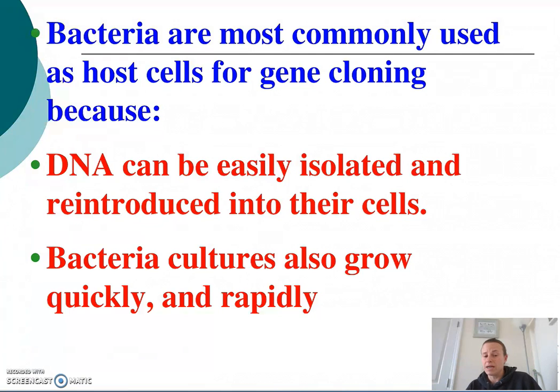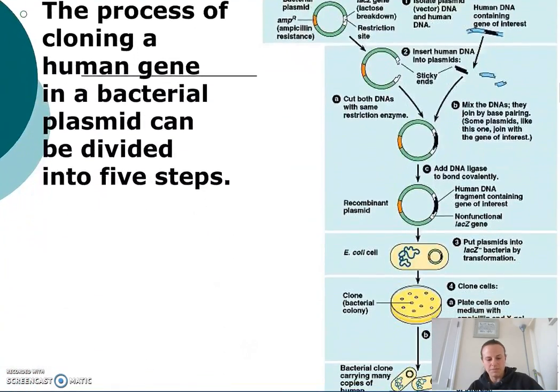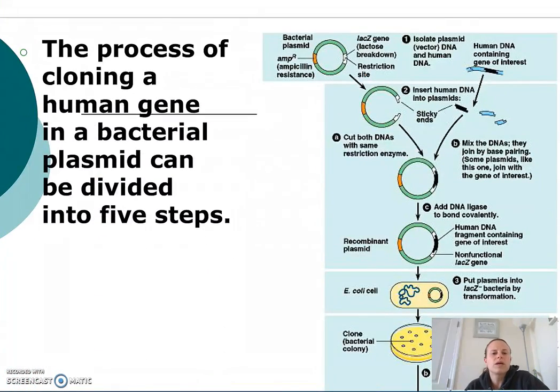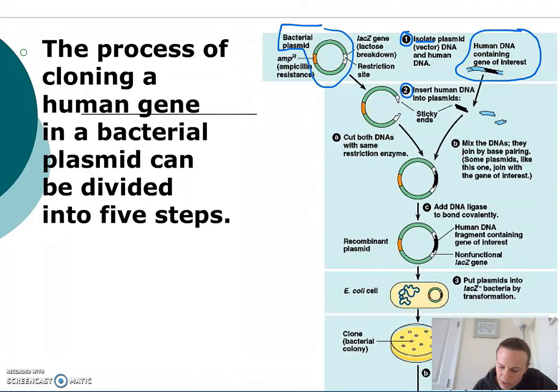Furthermore, E. coli or bacteria cultures grow rapidly and quickly, and as they're dividing, each offspring also contains that recombinant plasmid. So this process of cloning a human gene into a bacterial plasmid can be divided into 5 steps. The first step is to isolate our bacterial plasmid and to isolate that human DNA that contains the gene of interest. Then we need to insert that human DNA into the plasmid.